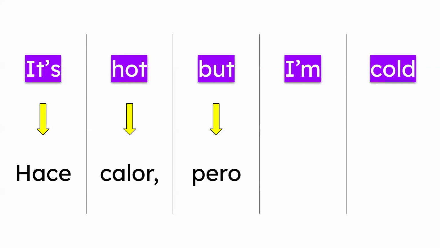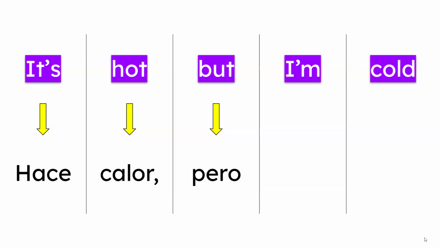In case you don't remember, the main expressions that are to be plus a characteristic, and in Spanish use the verb tener, are frío, calor, hambre, sed. Okay, frío, cold, calor, hot, hambre, hungry, and sed, thirsty. With all of them, in English we use I am, but in Spanish we use tener.